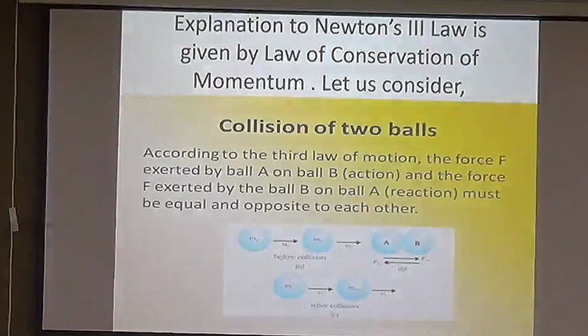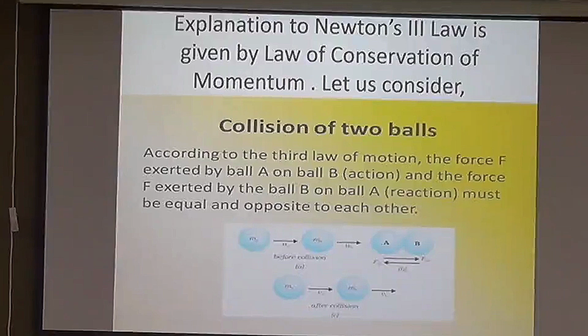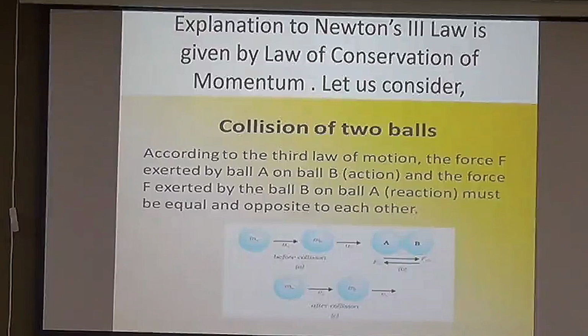Last part of this chapter, the explanation of Newton's third law is also given by the law of conservation of momentum. Consider two balls of masses m1 and m2 respectively, with initial speeds u1 and u2, say in the same direction.